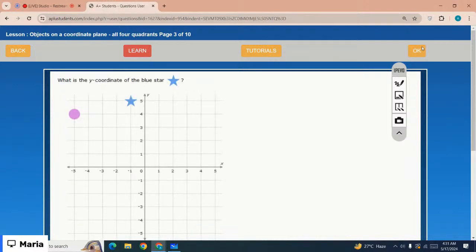Which is the correct option? The y coordinate is 5. Very good.